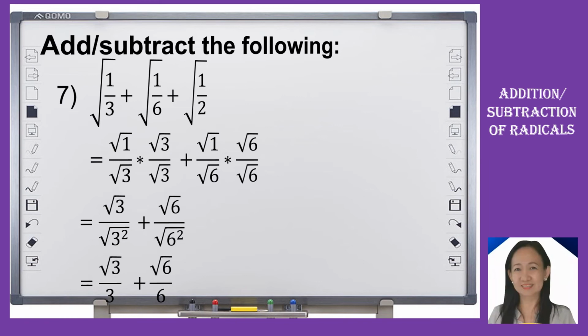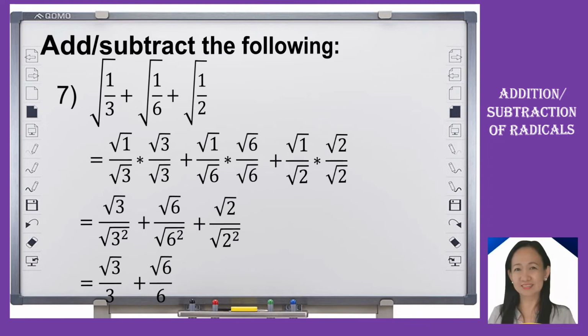To simplify the square root of 1/2, multiply this by the square root of 2 over the square root of 2. So that we will get the square root of 1 times the square root of 2, which is the square root of 2.